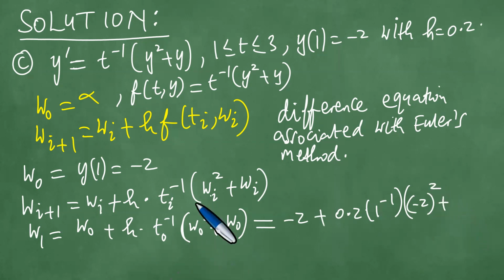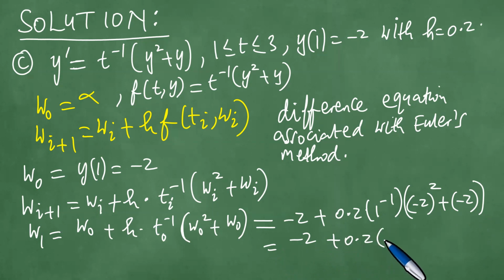What is W0 -2? Like this. Okay, so now you have plus 0.2. So you have 4 minus 2, 2. And then this is 0.4.